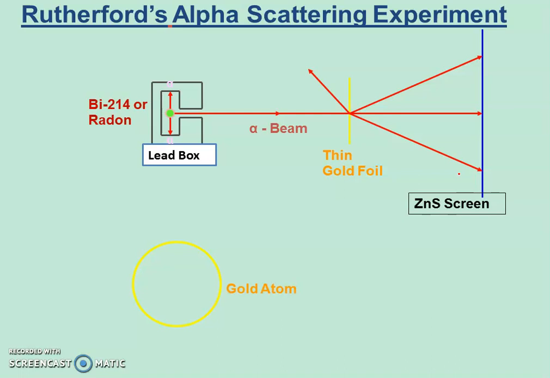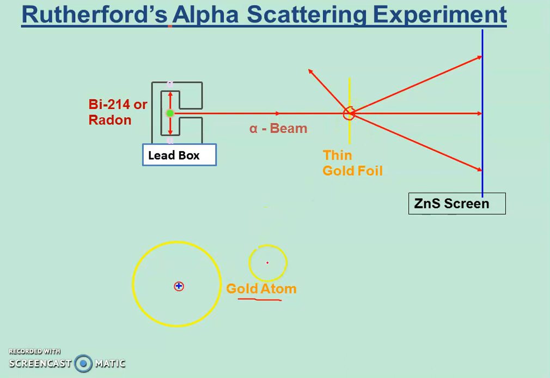Now we are taking only a small area of this gold foil in this experiment. So this is the smallest affected area. Actually we are studying only one atom of gold, right? So we are trying to focus all these alpha particles at a single point.